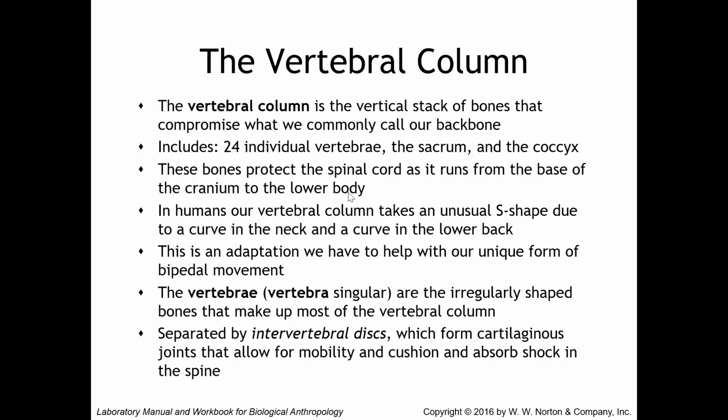The vertebrae, or vertebra for singular, are the irregularly shaped bones that make up most of the vertebral column, and they are separated by intervertebral discs. These form cartilaginous joints, which allow for mobility and cushion and absorb shock in the spine.